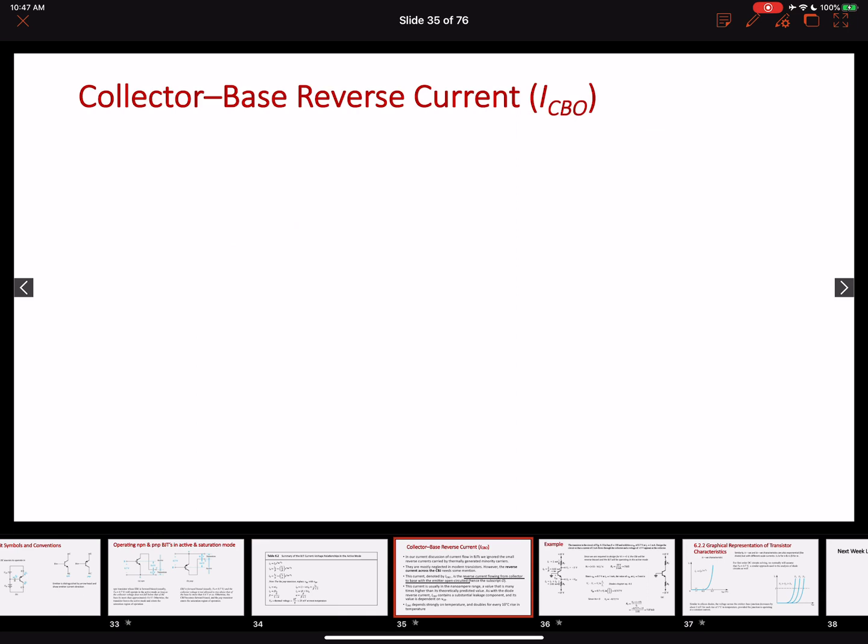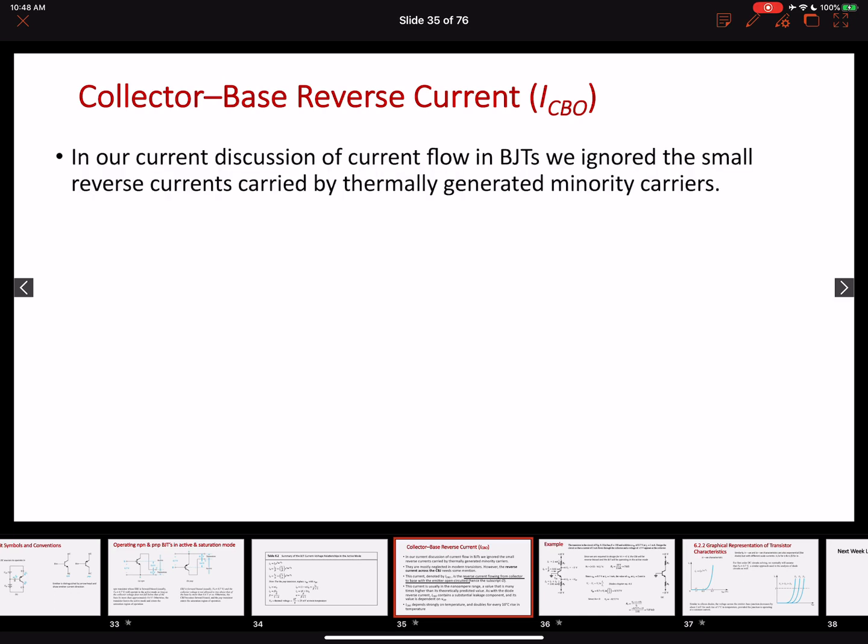There is one topic I want to talk about quickly before we do one more example today on circuit design. In this entire discussion of the PNP and NPN operation of the transistors, we did not talk about the minority charge carriers or the thermally generated charge carriers.